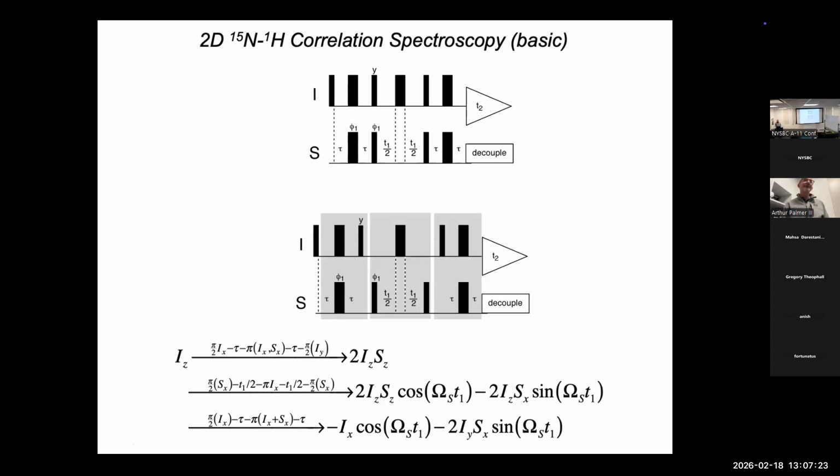Does it refocus or does it evolve? Not sure exactly what will happen, but I'm looking at the Z magnetization. No, I'm not sure exactly what will happen.